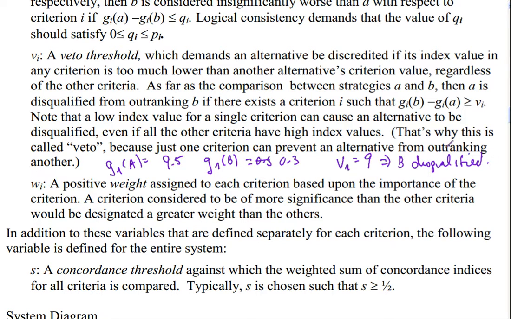Now, it's possible to set these numbers differently. If you don't want to have a veto, you could set V equal to 12, for instance. If V was equal to 12, then this condition would never be satisfied, and you would never veto.